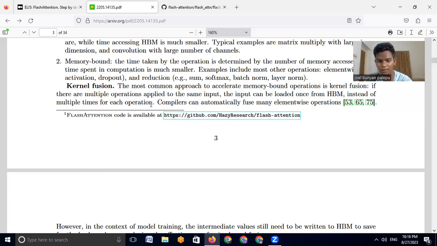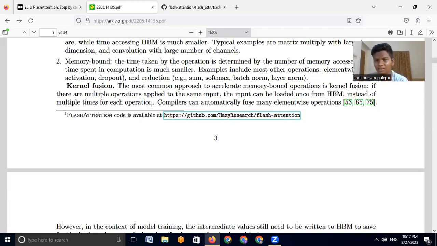We're going to write it back to HBM. So we are going to perform a lot of reading and writing operations in the standard attention implementation. We're going to save values, get them back, perform the operation and write it back to HBM again.